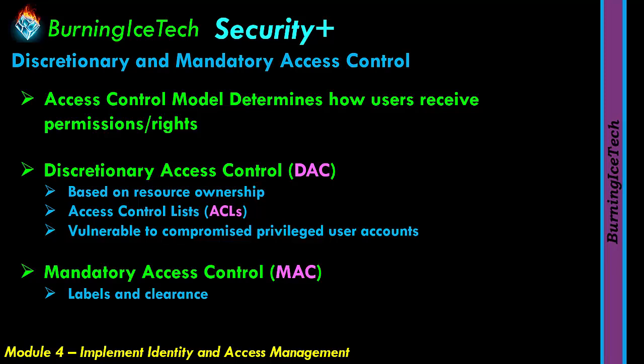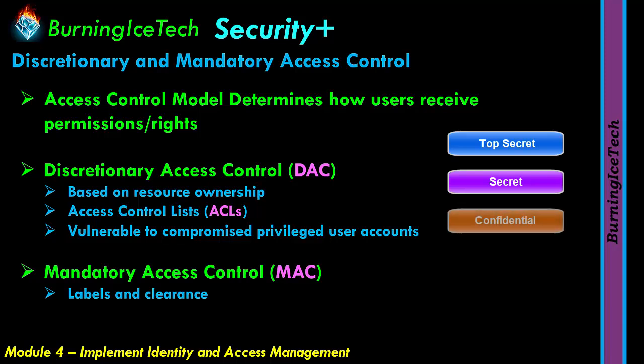For example, a user with top secret clearance could read data with top secret, secret, and confidential classification labels. A user with secret clearance could access secret and confidential levels only. Obviously nothing above that, which would be top secret clearance.